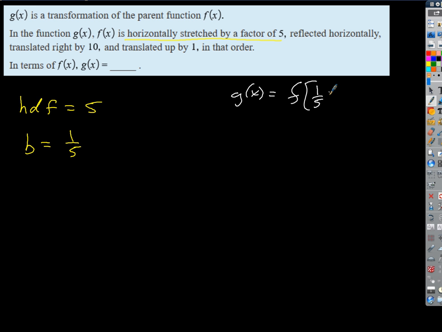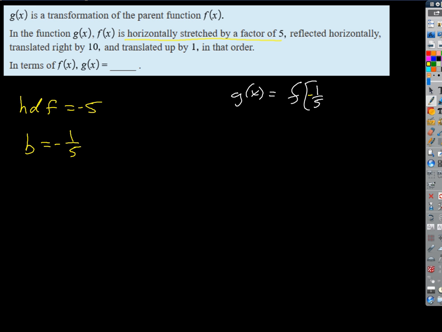Okay, so if it's going to be reflected horizontally, what does that do? Negative. Makes b negative. Good. It actually is going to make both the dilation factor negative and b negative, right? Because they're just reciprocals. So then that becomes a negative 1/5.